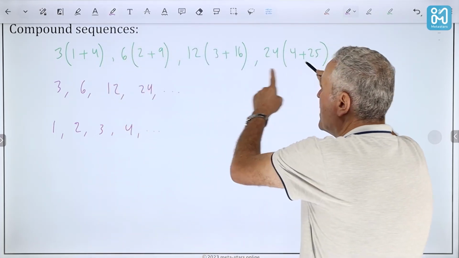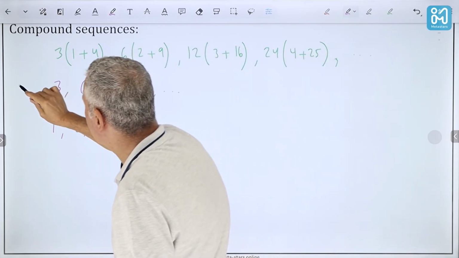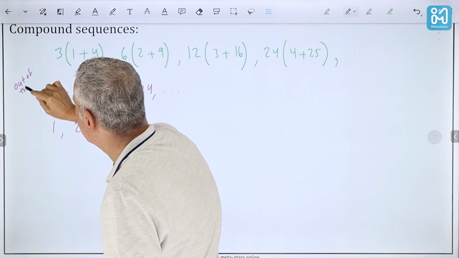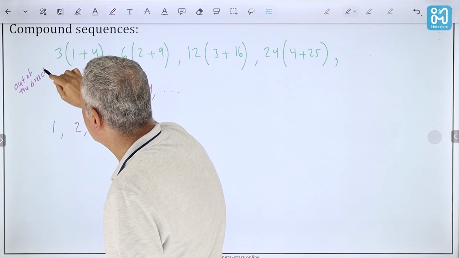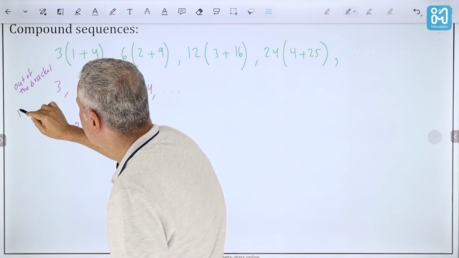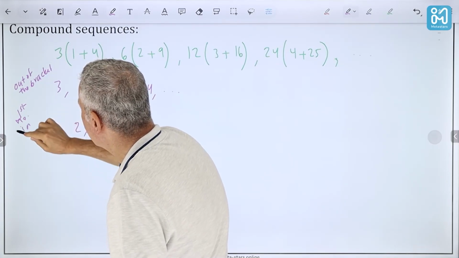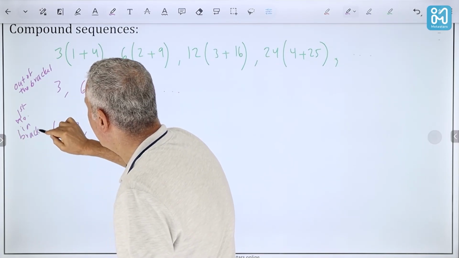That is the first number in each bracket. That's one sequence by itself.